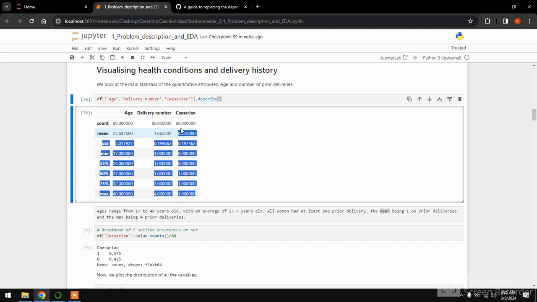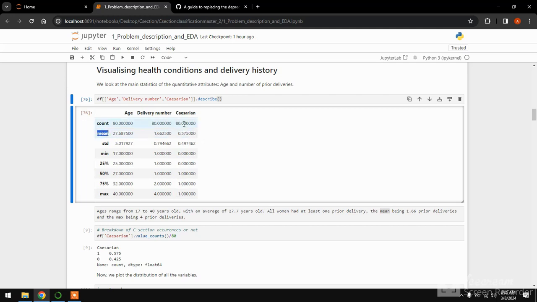And on average 57% of the women in this dataset had a C-section birth. So we have the standard deviation, minimum, mean, 25% and 50%. Whatever value you need to use is the one you can concentrate on.